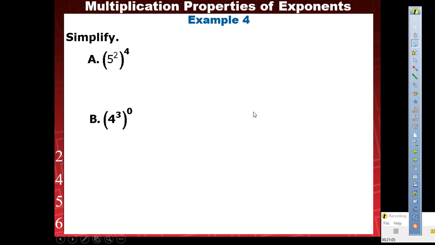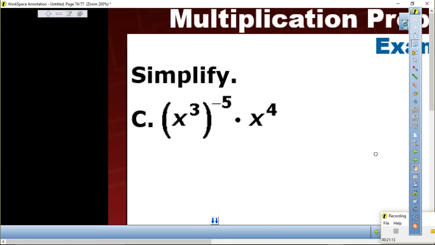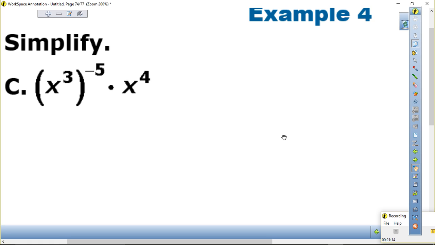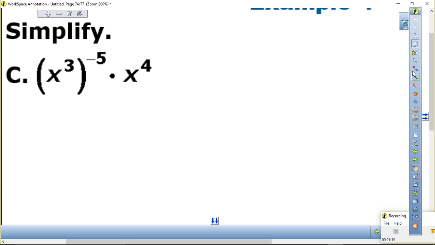Copy this one. Example 4C. Let's see how you do with that one. Look up, please.